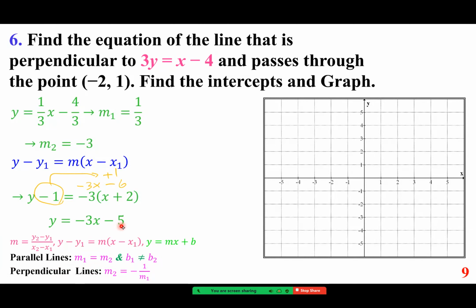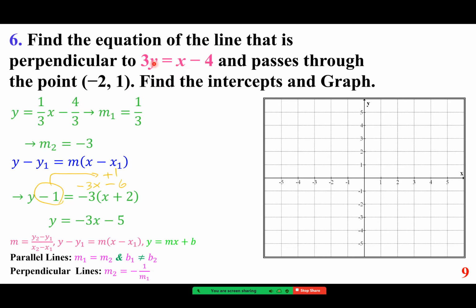We also find the x-intercept to come up with the graph. So to do that, let's first finish this one. If we go back to this line, obviously when we solve for y, 0 minus 4/3, that's the y-intercept for this line.